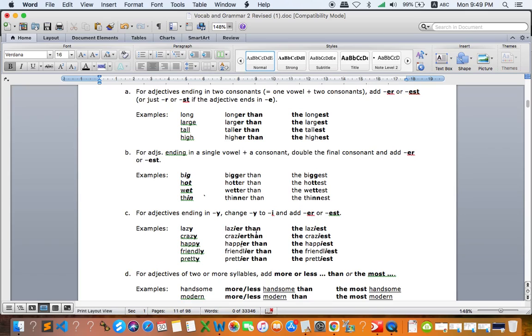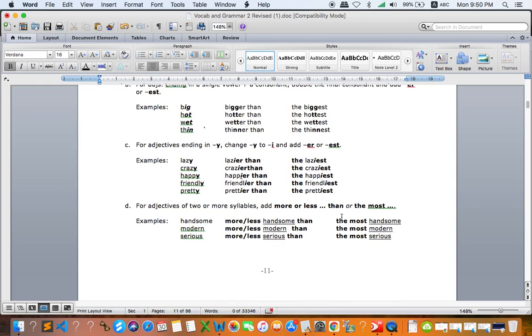Lazier than, crazier than, happier than, friendlier than, and prettier than. So once again, everyone, when you see any adjective ending in y, you have to change y to i and add er or est for the comparative and superlative adjective.